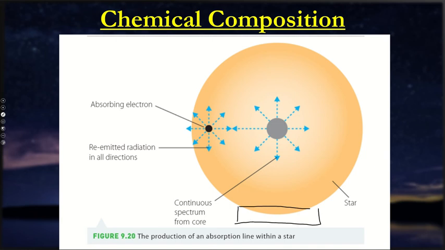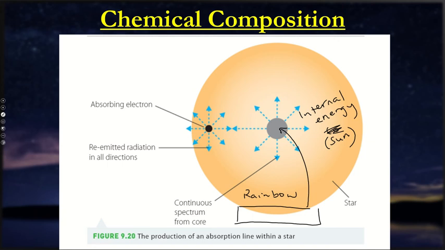Well, what you see as the colors of the rainbow, that correlates to the internal energy of the atom. So that correlates to the internal energy of the core of whatever particle that you're looking at. So let's say a star. So the internal energy of a star gives you the continuous spectrum.